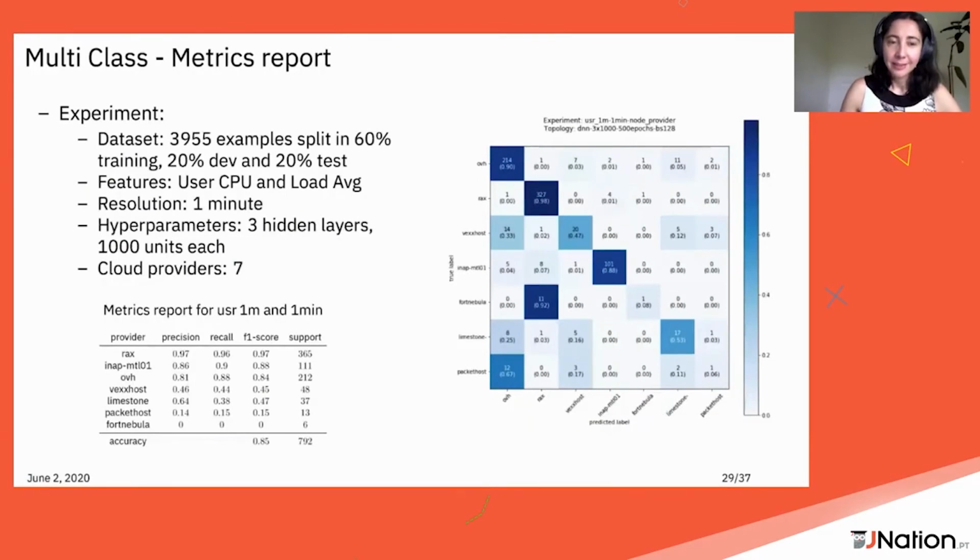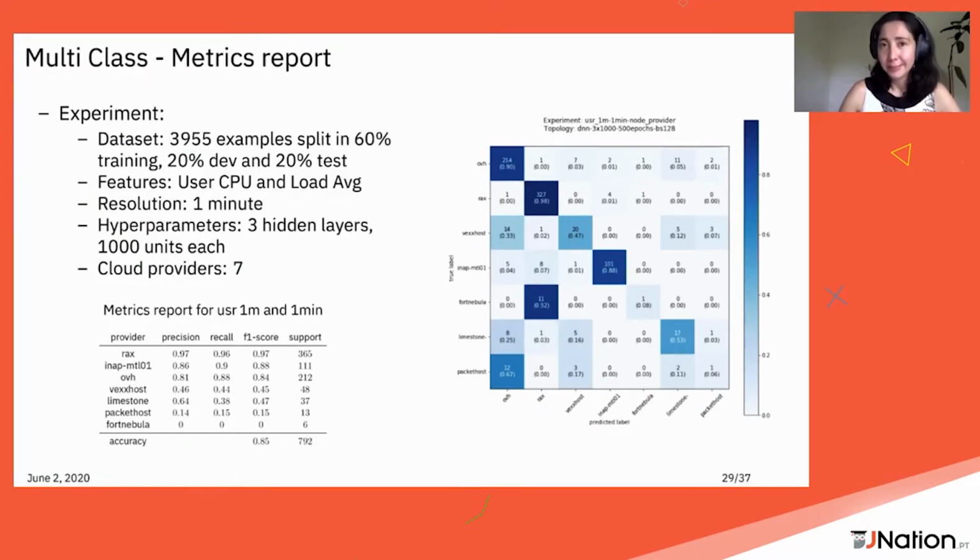So having a look at the metrics for this trained model, we found that for those cloud providers with more samples in the dataset, the metrics were high and good. And when we ran this experiment, there was a new cloud provider with very little samples in the dataset.